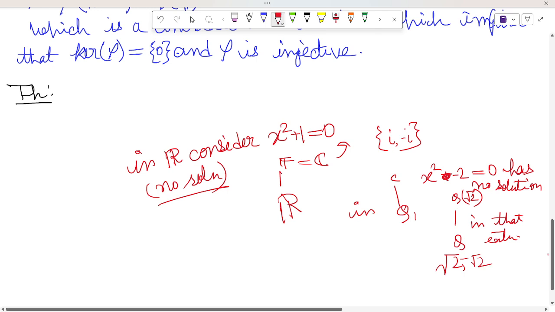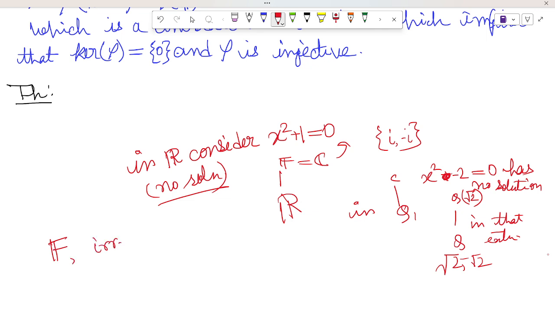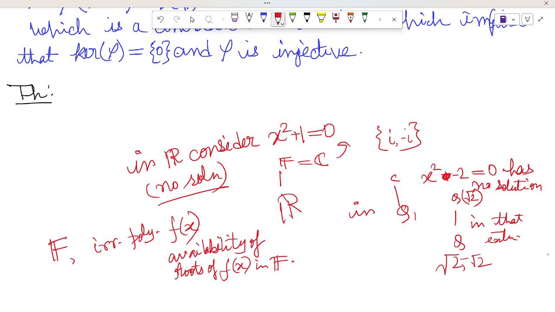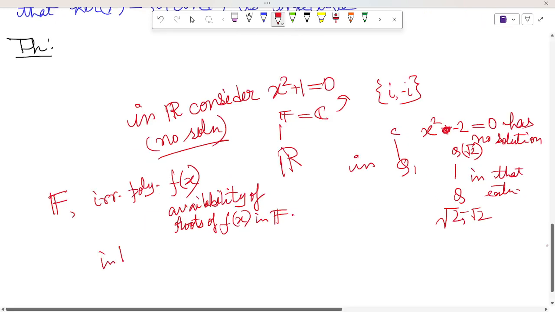So if you give me a field F and an irreducible polynomial f(x), what can I say about the availability of roots of f(x) in F? In F there might be roots, might not be roots.